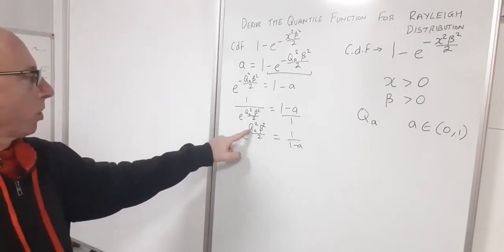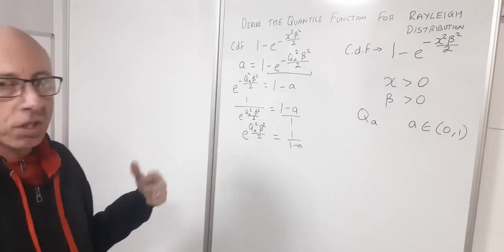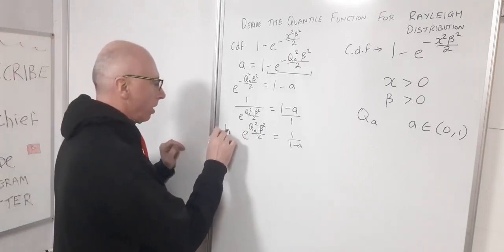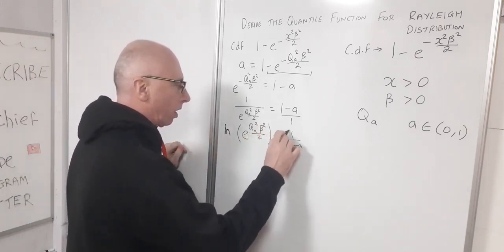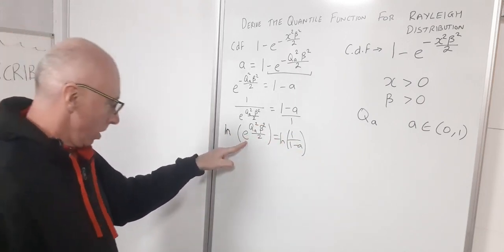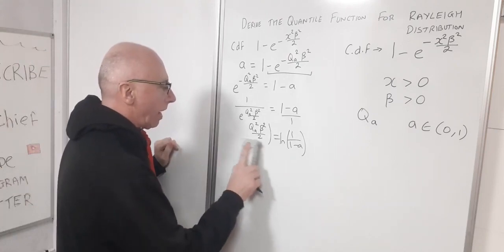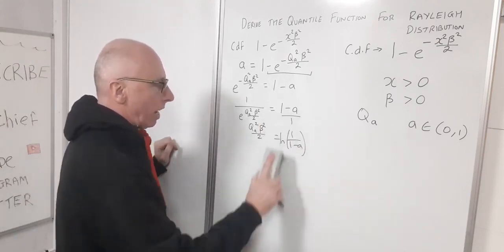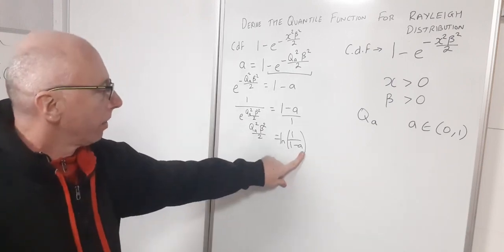Okay, so now I want to try and get this quantile function out of this exponential. So to do that, I just take the log on both sides. So natural log on both sides. So then that would just cancel out my exponential function. So I could just take that off the board, and that would just leave everything as you see it there. And then my natural log on this side, that will be as it is there.